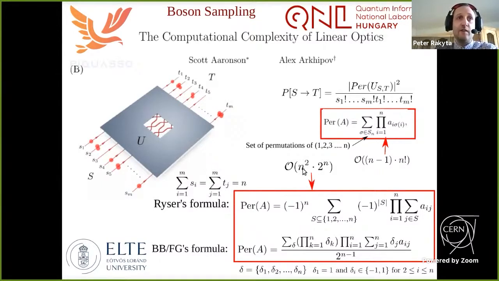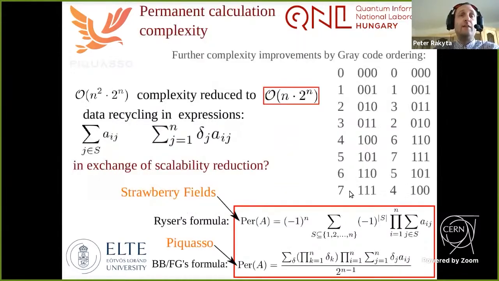This gives the n squared component in the complexity, and you need to sum up over an exponentially large set of these quantities. So this gives the exponential component in this complexity factor.